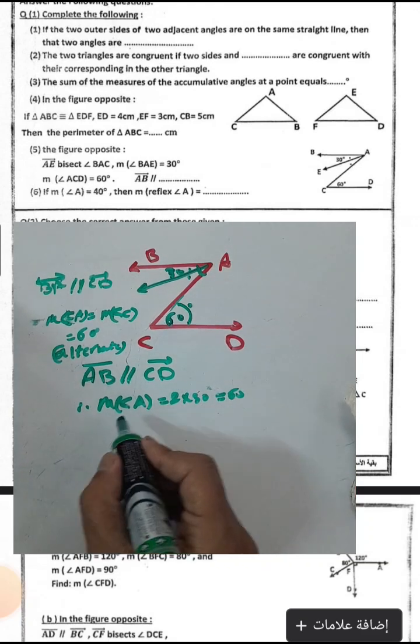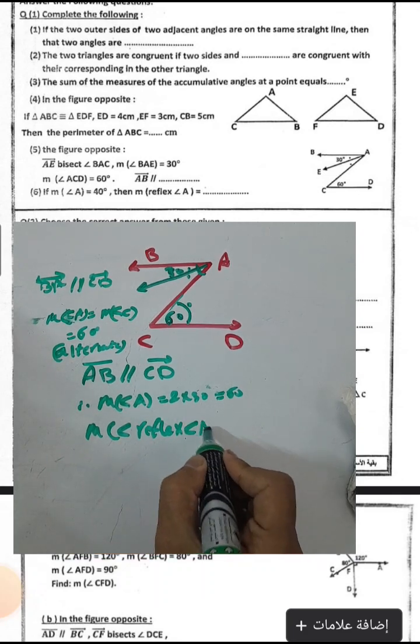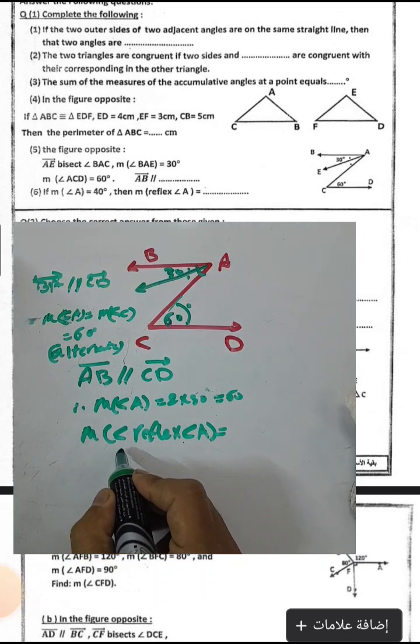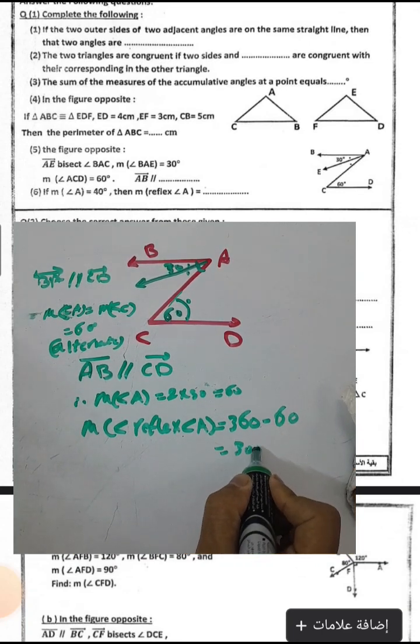Then you want to find the measure of reflex angle A. 360 subtracted by 60 is 300 degrees.